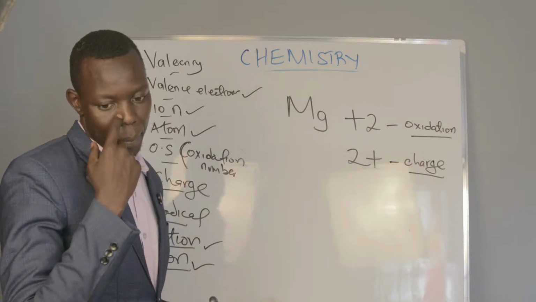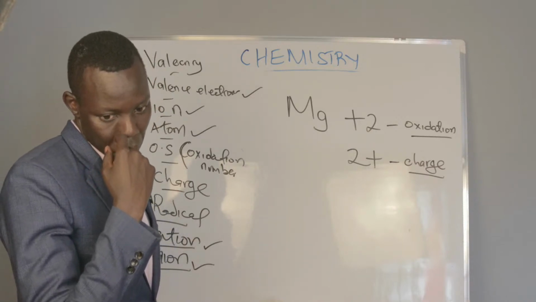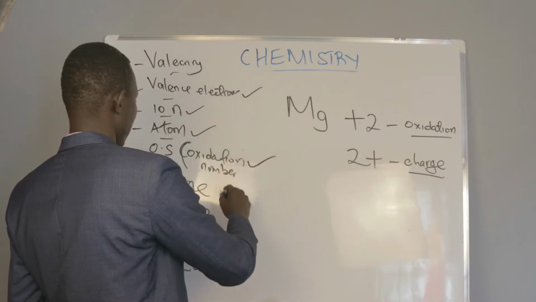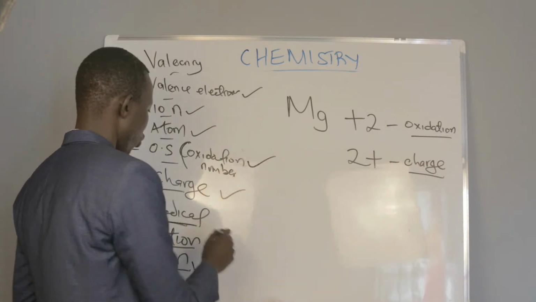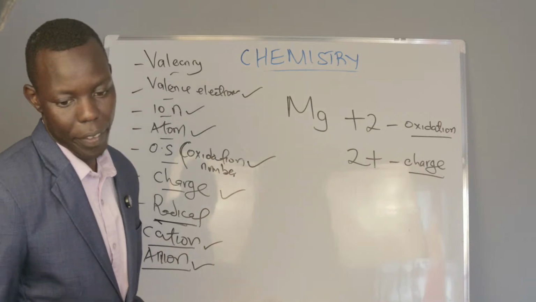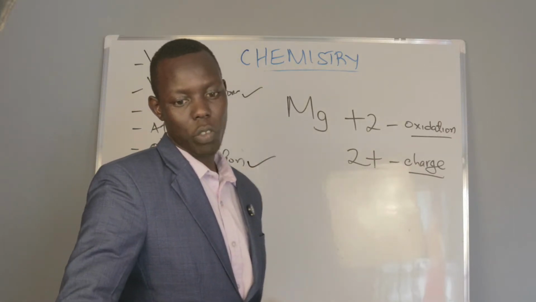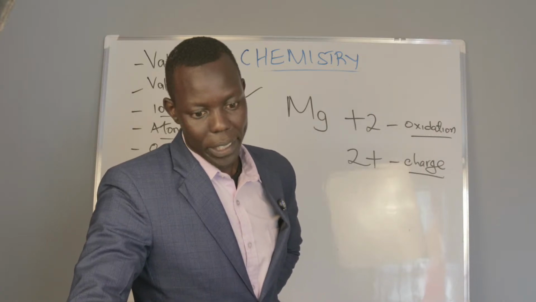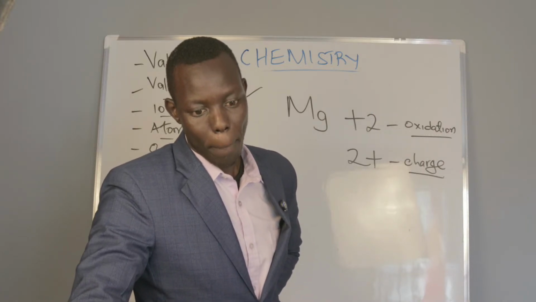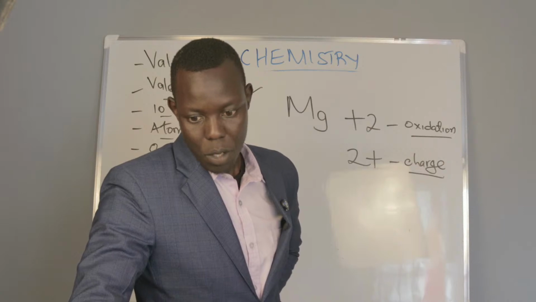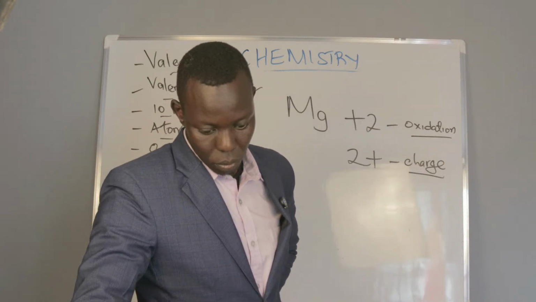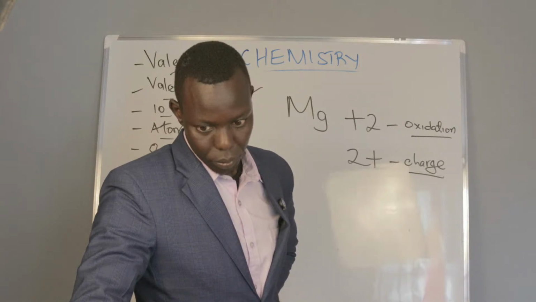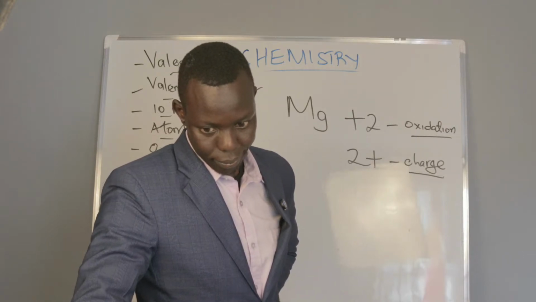Someone to define for me the term radical. Then I give examples of radicals and we end the lesson. Tukutane kesho at the same time, 3 to 4. Radical.